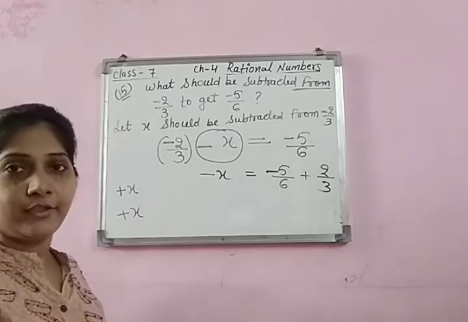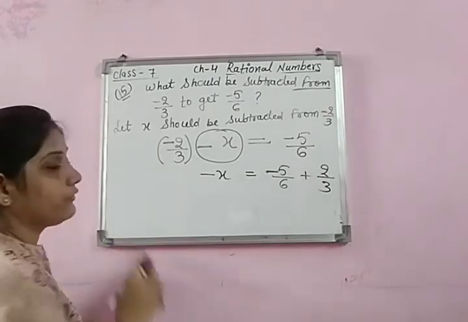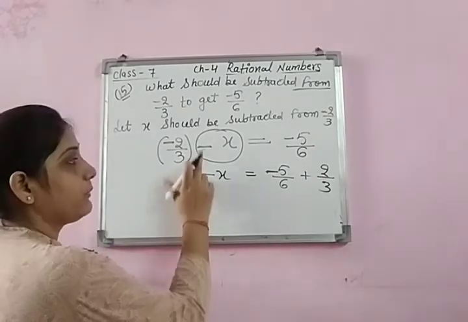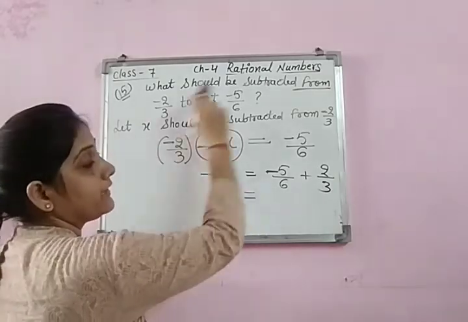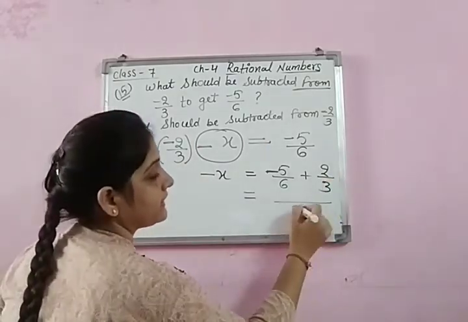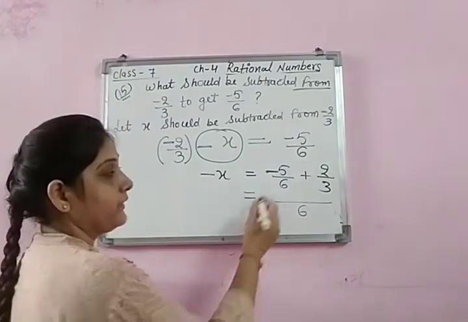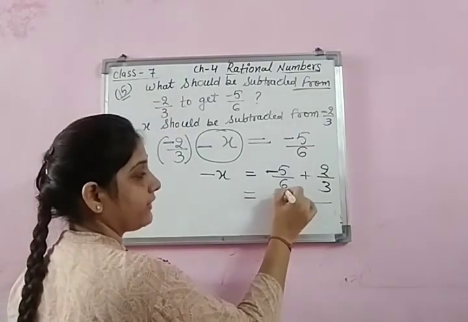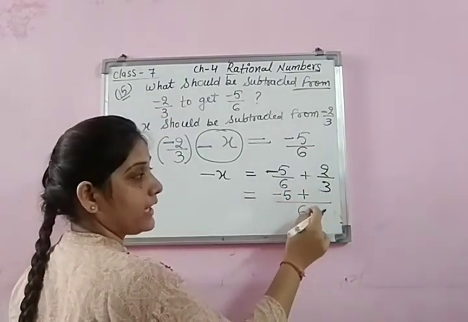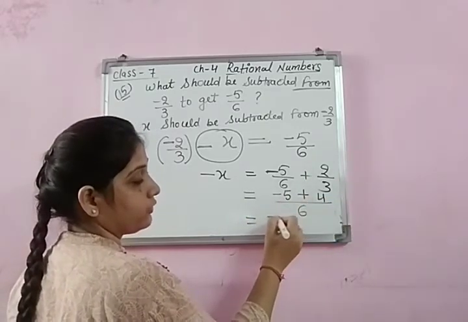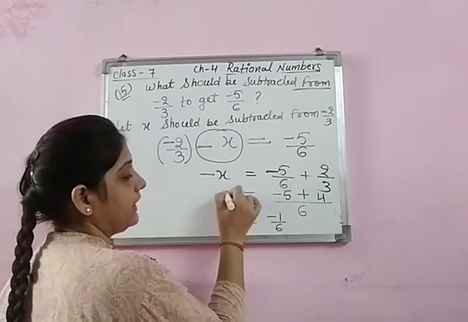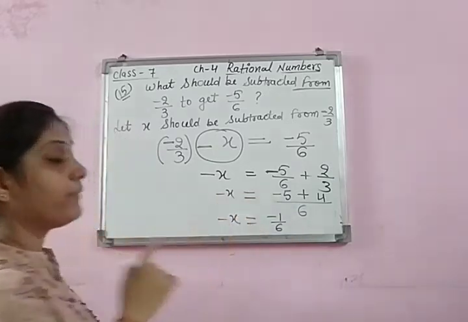It means with its sign only. So any number always remains with its sign. So minus x, that we need to show. -2/3 will become plus. Take the LCM. 6 one time gives -5, plus 3 2s are 6 and 2 2s are 4. Now -5 plus 4 is -1/6. Actually this is the value of -x.